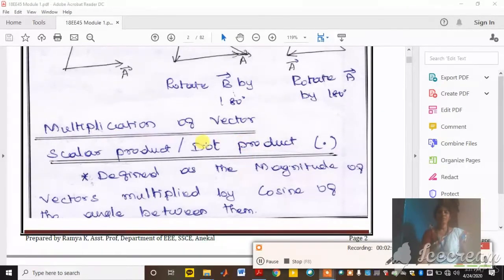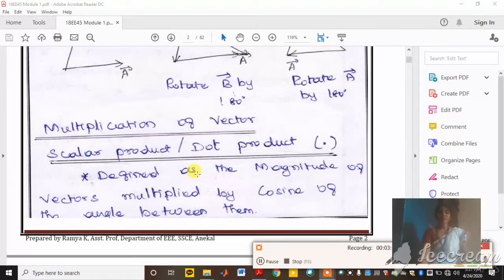Next is the multiplication of vectors. When you go for multiplication of vectors, there are two things: one is the dot product, another is the cross product. Dot product is also known as scalar product and cross product is also known as vector product. Electrostatics uses the dot product, whereas magnetostatics completely uses the cross product.